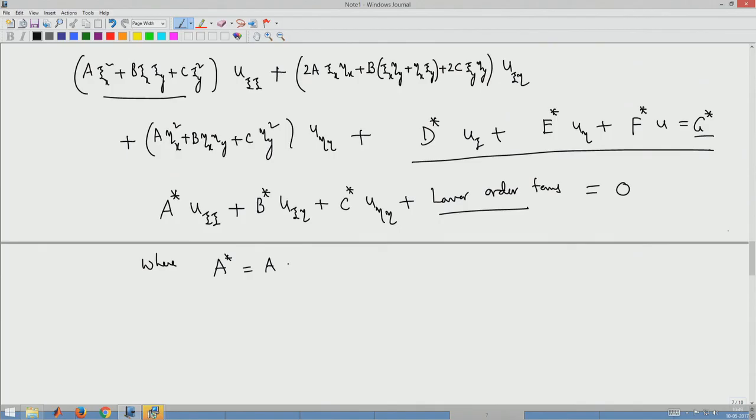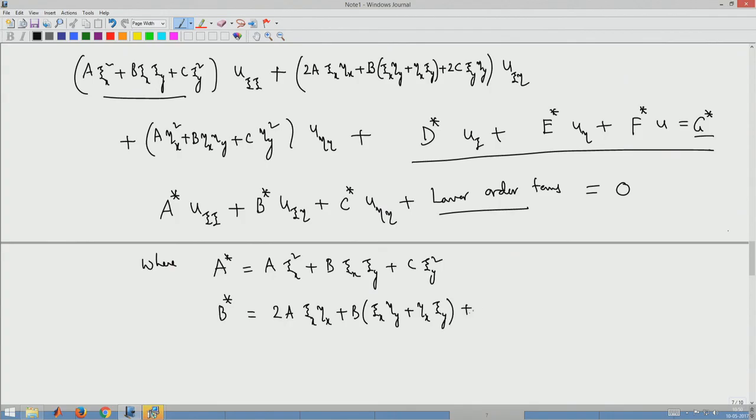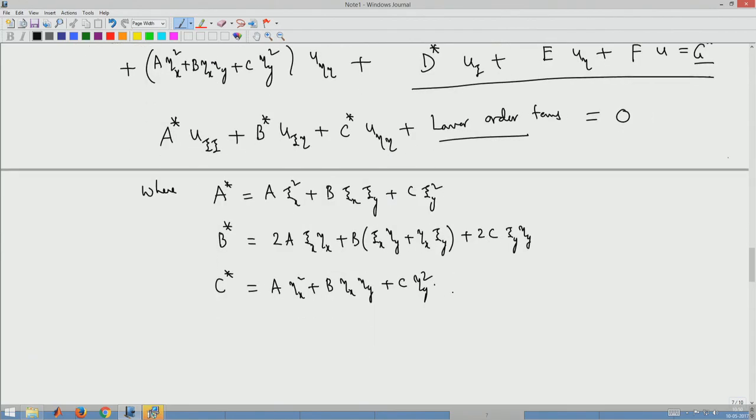Now a star in terms of a, b, c is a ξx² plus b ξx ξy plus c ξy². b star is 2a ξx ηx plus b times (ξx ηy plus ηx ξy) plus 2c ξy ηy, and c star is a ηx² plus b ηx ηy plus c ηy².